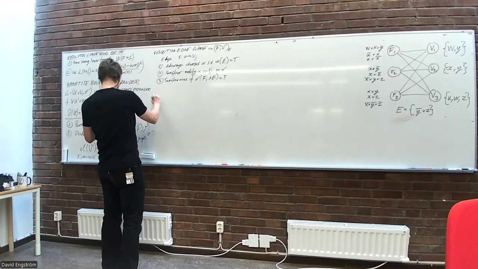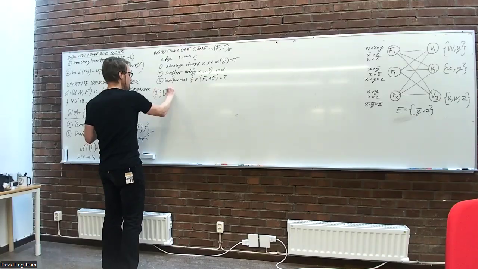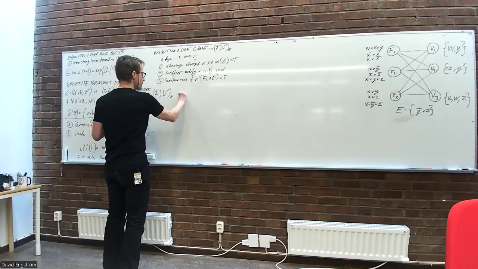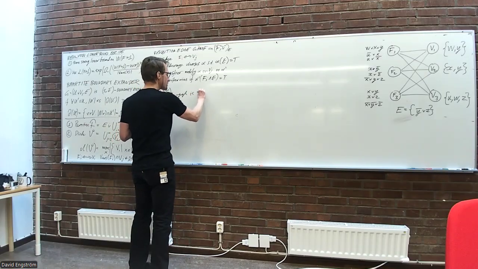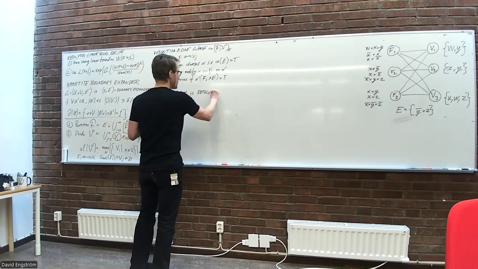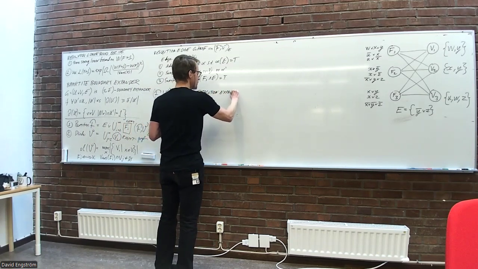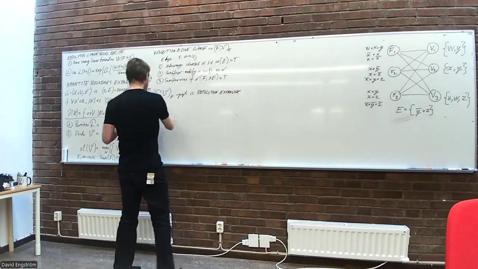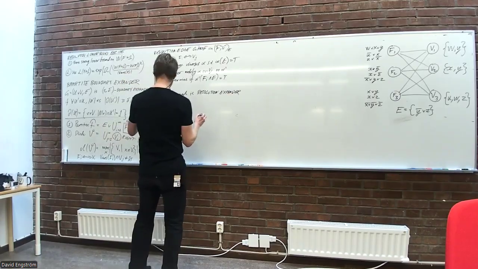So let me now say that this graph, the F-V-E graph, let me call it, is a resolution expander if the following holds. I want some parameters.